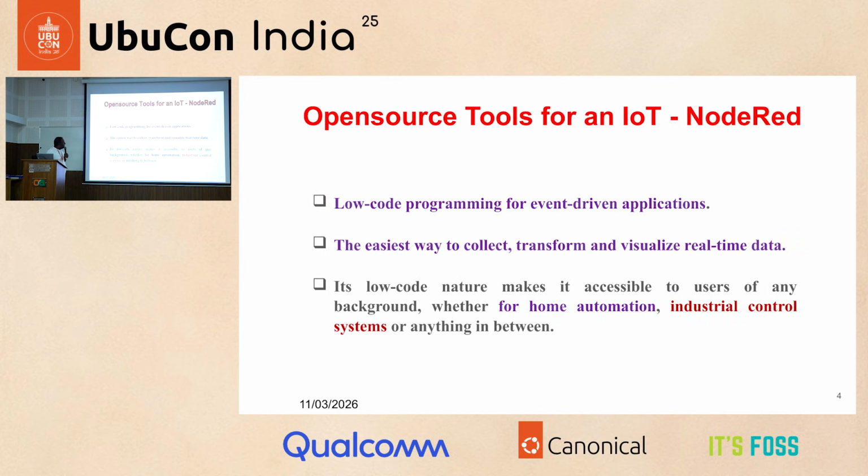For the first one, Node-RED, I just use it for low-code programming. You can plug and play. To install it, run the command sudo snap install node-red, and then you can deploy it with the node-red command. This is the easiest way to collect, transfer, and display real-time data.